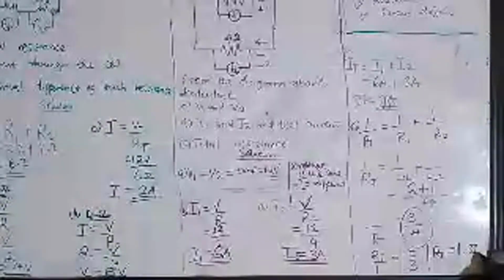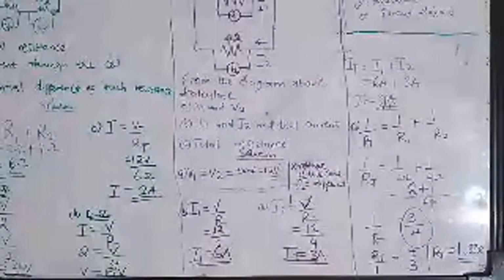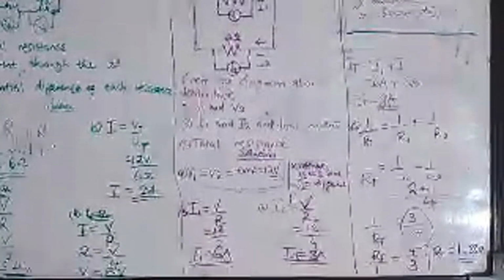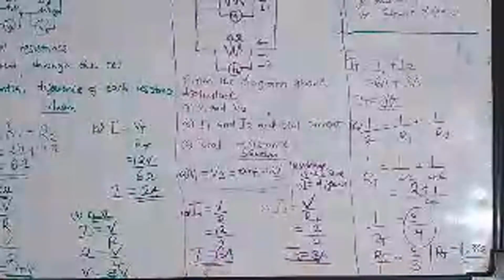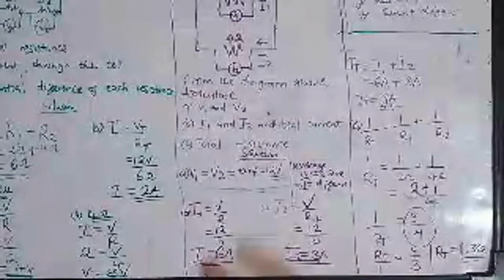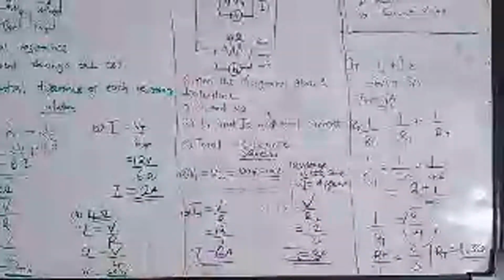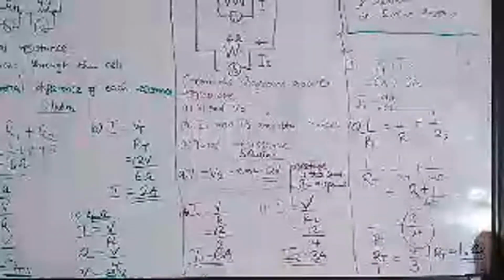Then we have the total resistance, 4 divided by 3, giving 1.33 ohms as our total resistance. So this is how simple questions come on a parallel circuit diagram.